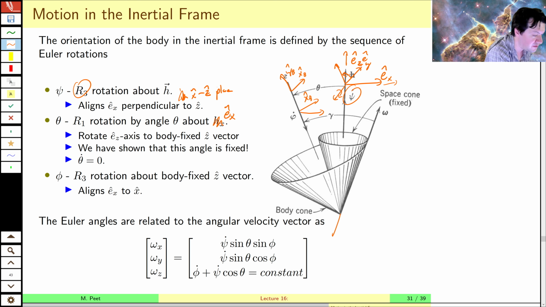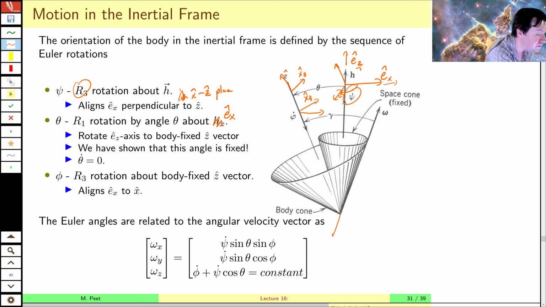I'm making a bit of a mess here. Actually, we don't do much with y, so let's just get rid of y. The first rotation puts E hat x perpendicular to the x hat z hat plane. We actually don't need that one very much either. So perpendicular to that plane.